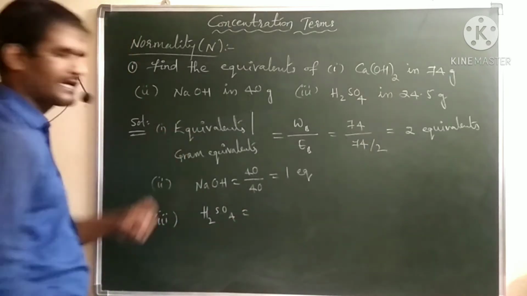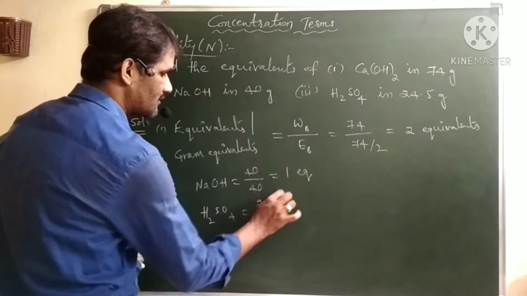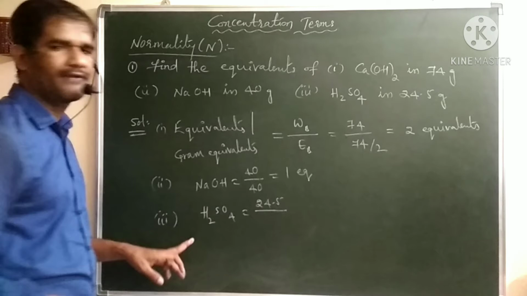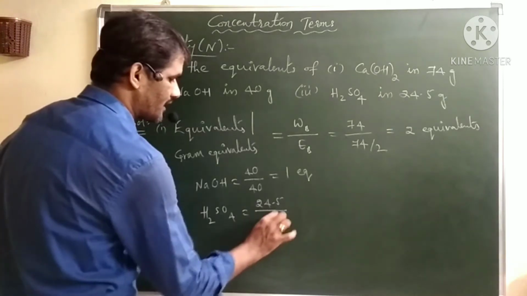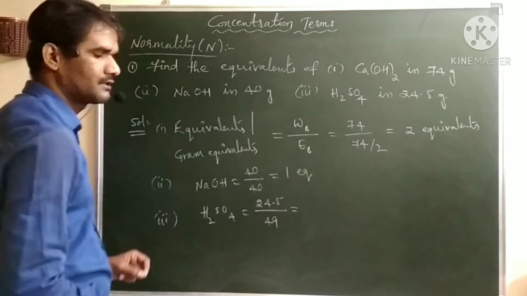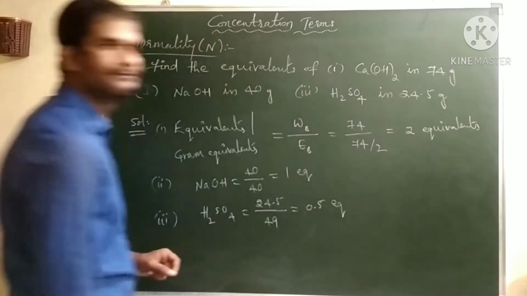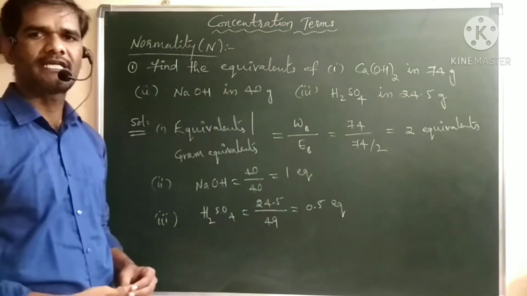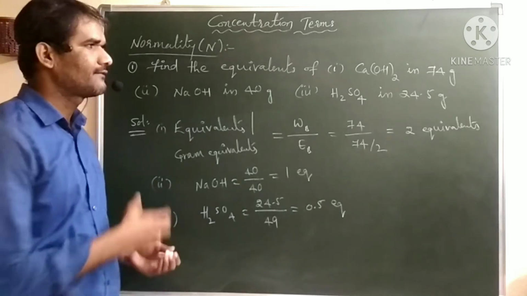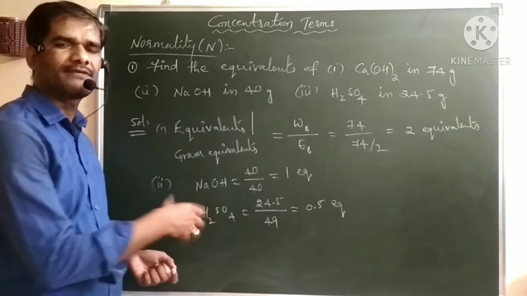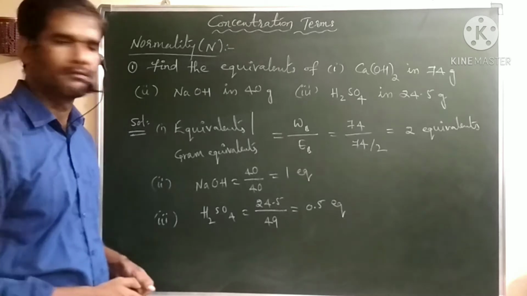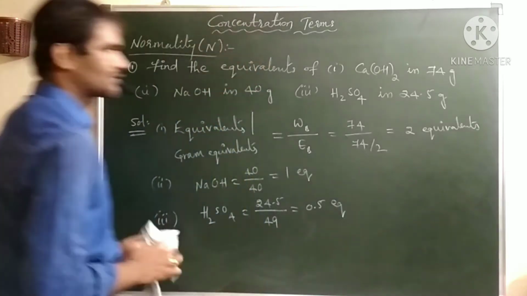The weight of sulfuric acid is given as 24.5 grams. And what is the equivalent weight of sulfuric acid? That is 49. So this is 0.5 equivalents. Like this we can calculate equivalents first. If you are able to find the equivalents, we can calculate normality further. And we'll see the next question.